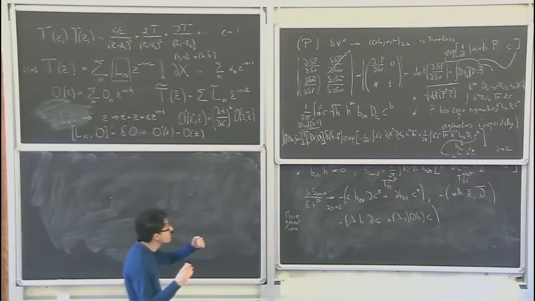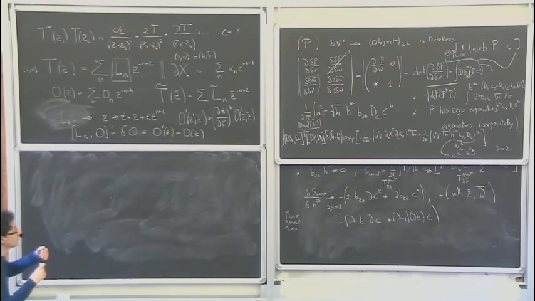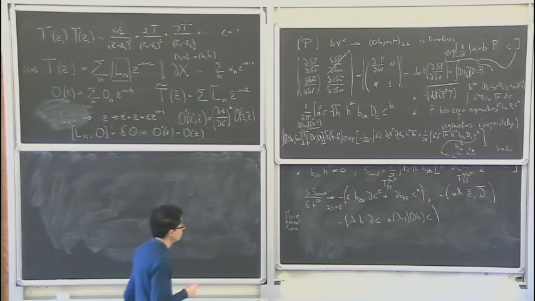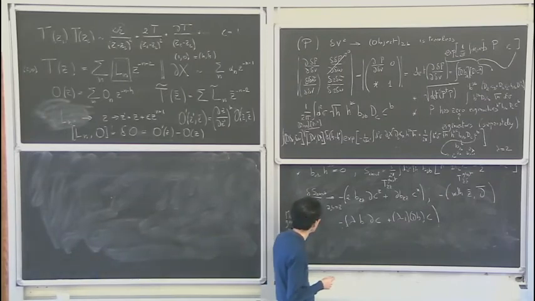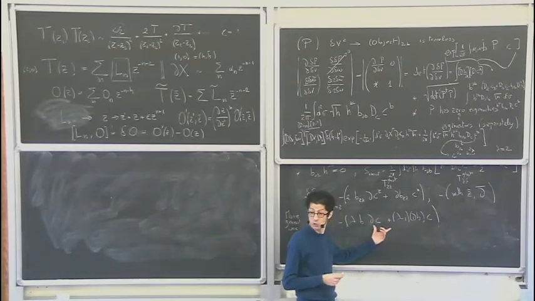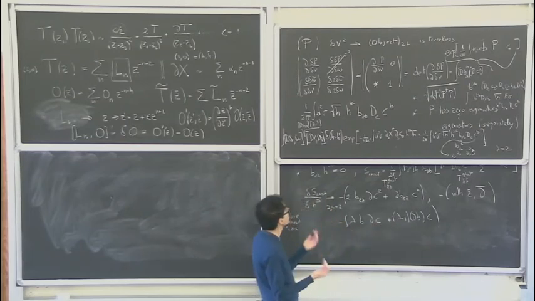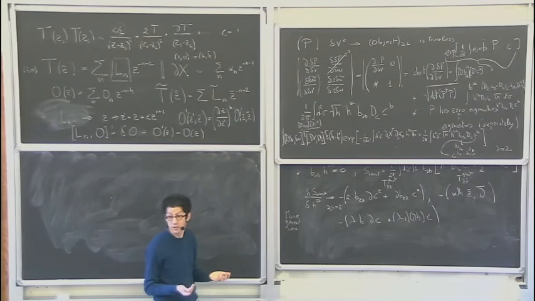So the logic is that after introducing the ghost sector, and after calculating what the stress tensor and the equation of motion of h are, we can do the integration over the metric and try and fix the conformal gauge.